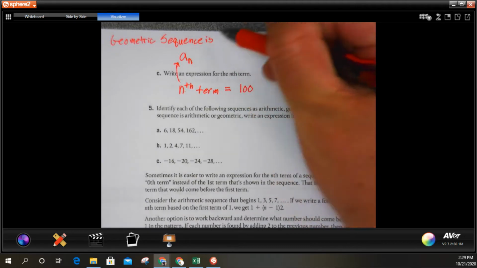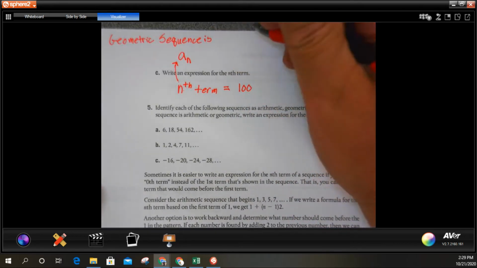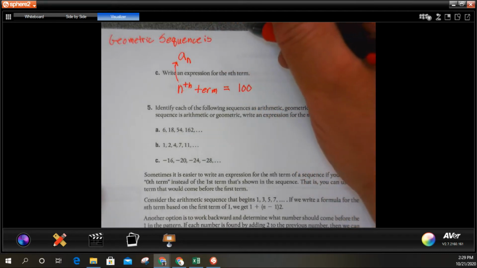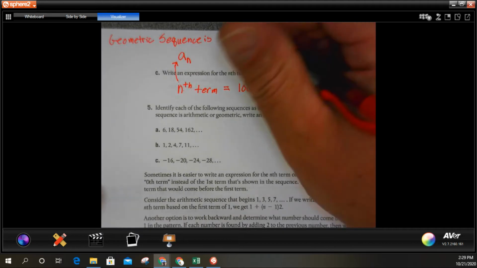is, after the first term, the succeeding term is being multiplied by its preceding term.